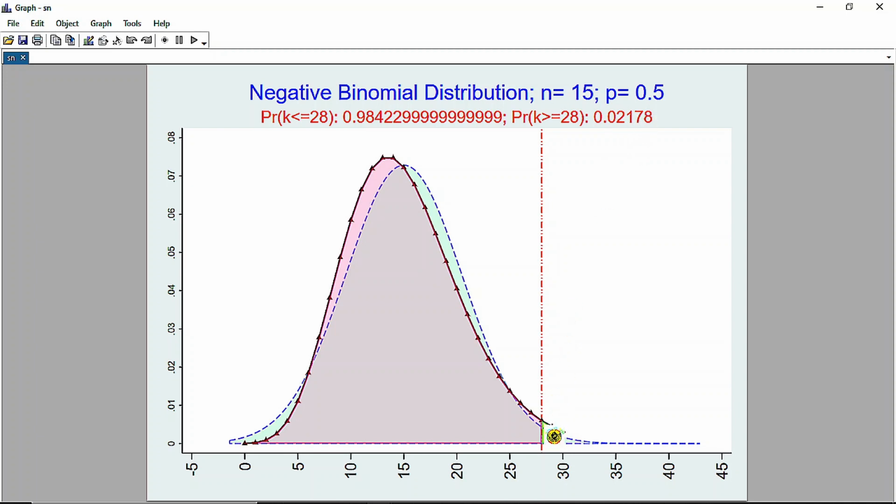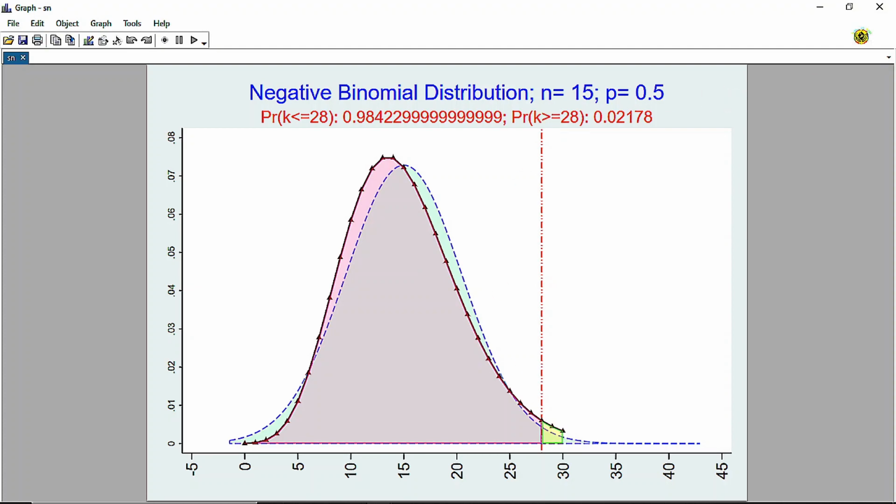So maybe we can say that this region does not explain the property of this null area. That is why we reject the null and we accept the alternative hypothesis, and this region is greater than 28. K greater than or equal to 28 should be true.